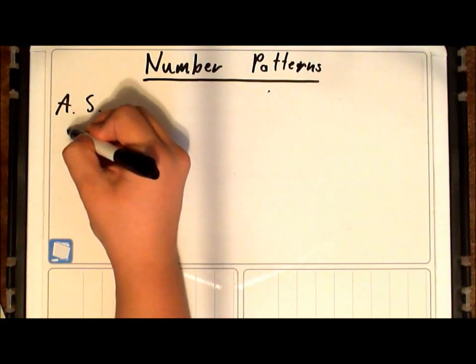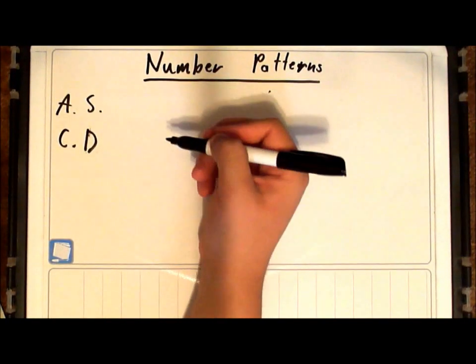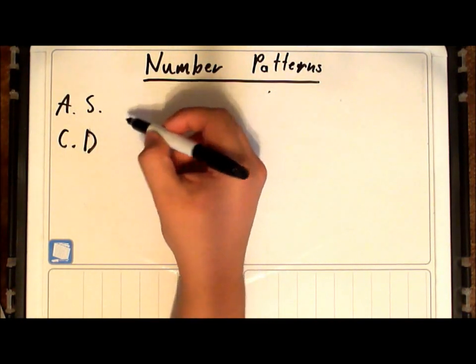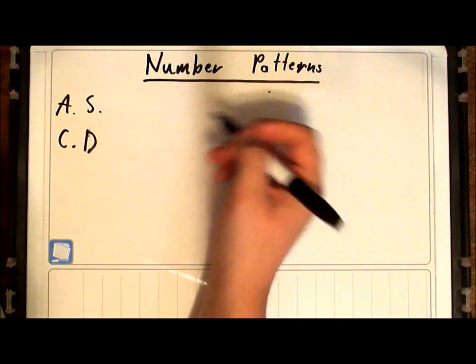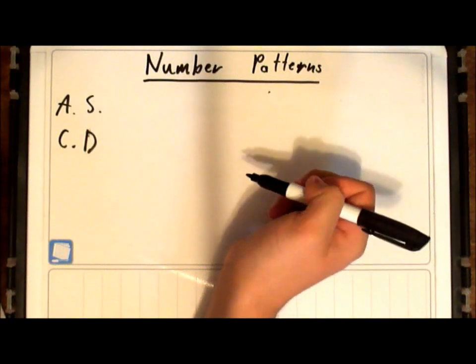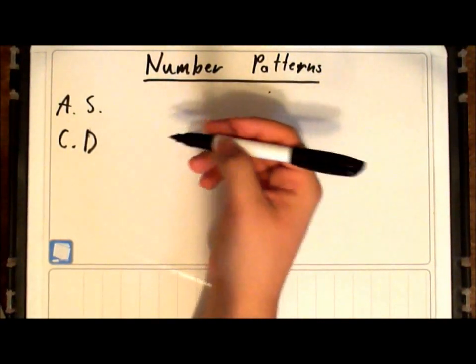The common difference is a constant term obtained by subtracting any term from the next term. So before, how I was adding 3, add 3, add 3, you get a bigger number. That 3 is the common difference. When I was subtracting 4, that negative 4 was the common difference.